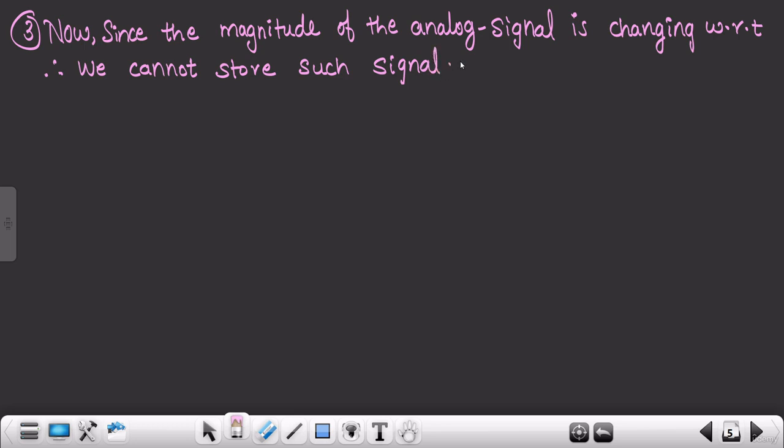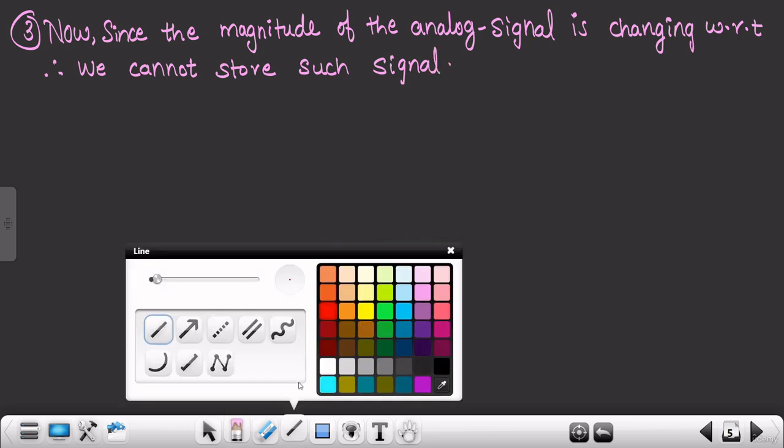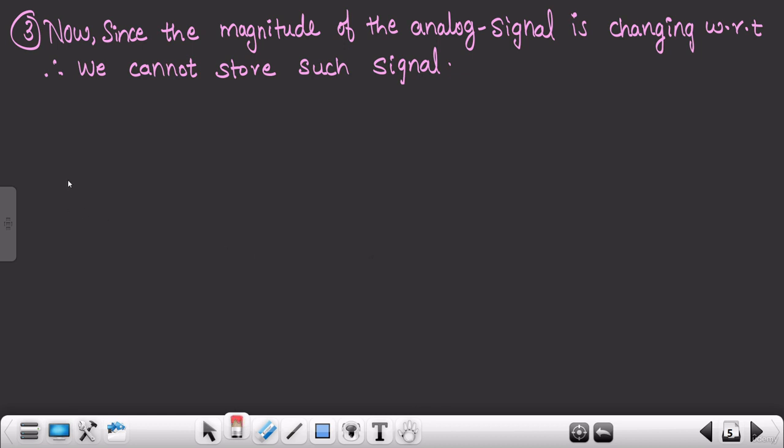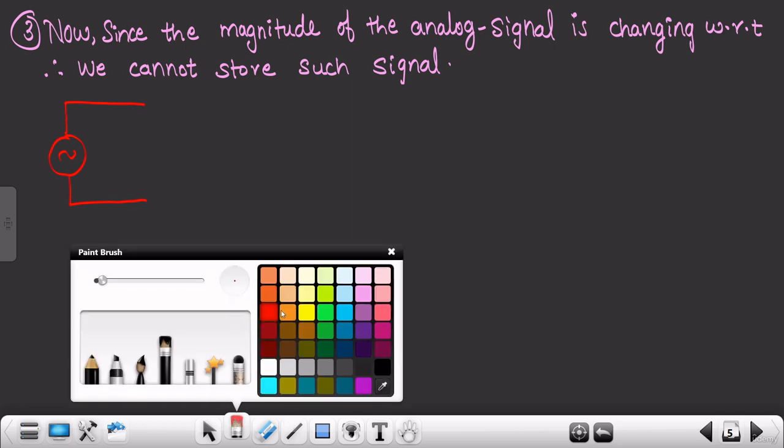Okay, now we'll try to understand this with the help of one example. So for that, let me just take one voltage source. I'm drawing this diagram roughly so that you can understand this concept in depth. Let me draw a sinusoidal voltage source. I'm providing an AC signal to, let's suppose, a capacitor.